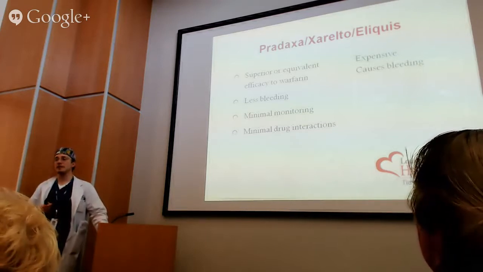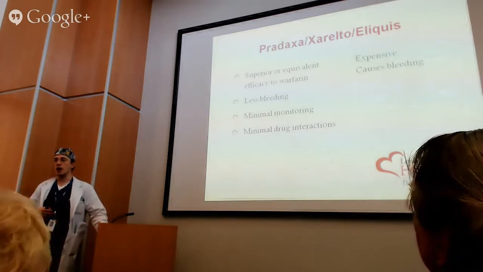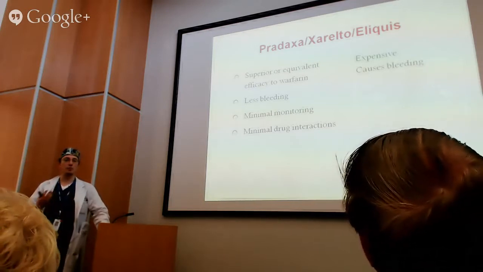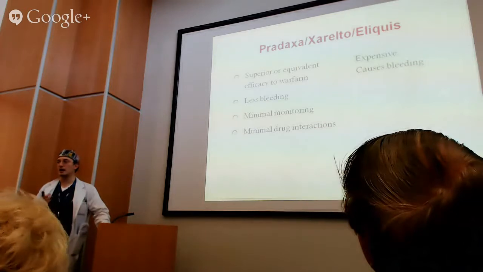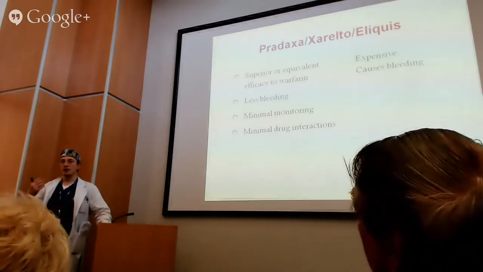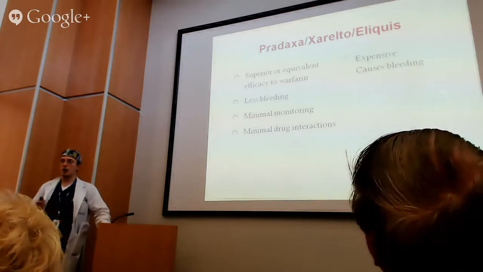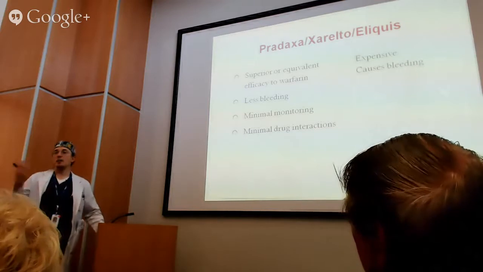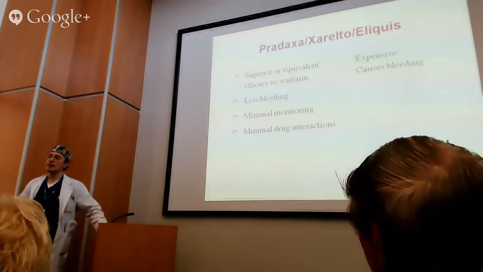Unfortunately, there are a number of disadvantages to these drugs as well. One problem that we frequently encounter is that these medicines are expensive. They're new medicines, and unless the patient has good drug coverage, they tend to be fairly expensive. The second problem is that they're blood thinners, just like warfarin, and they cause bleeding.